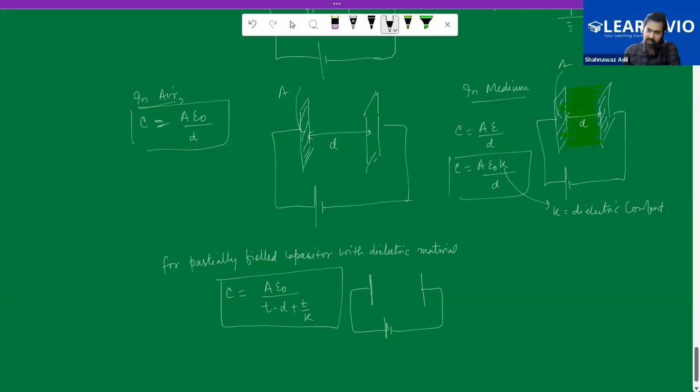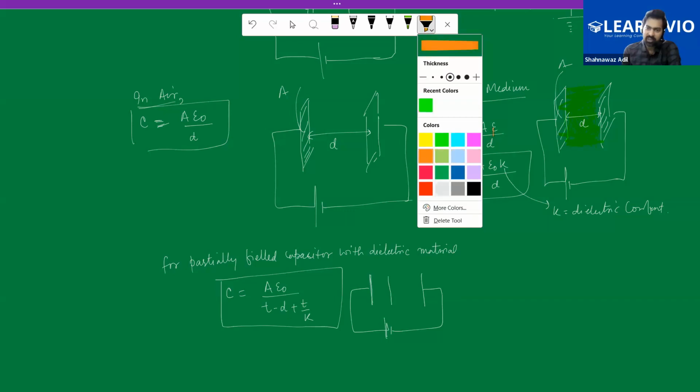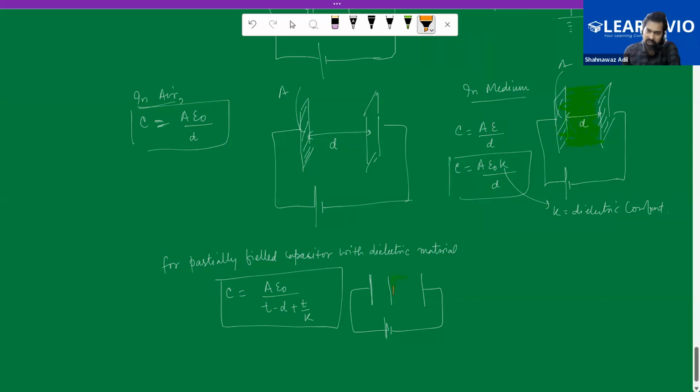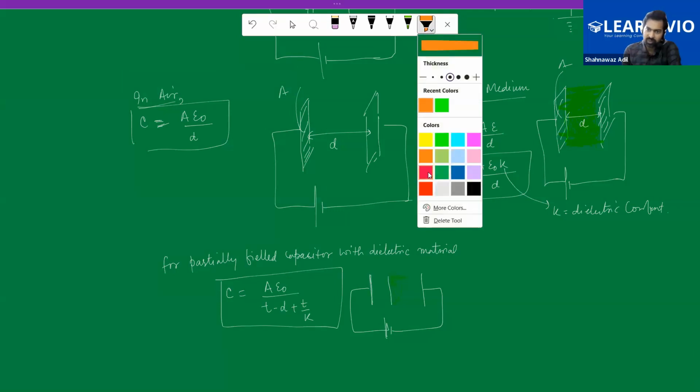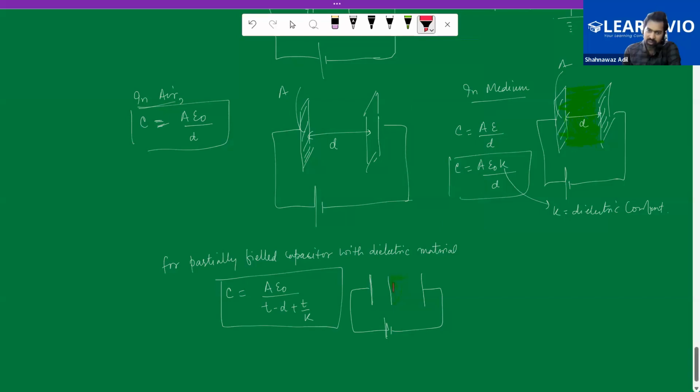So what you do is that you have these two plates, and then you place a partially filled dielectric with a thickness of t.